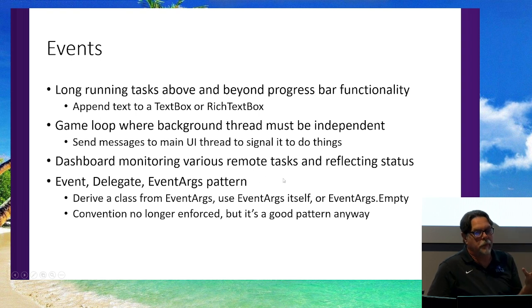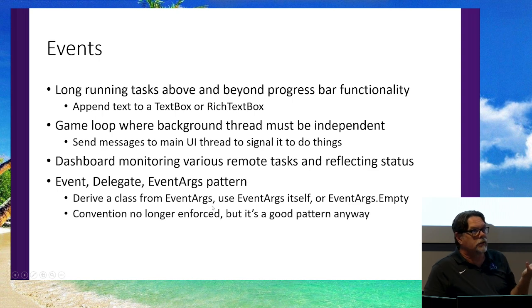Okay, so when we talk about our own custom events, we have these terms: an event, a delegate, and we have event args, the little object that gets passed to the event handler that has all the data that that event might need. We can derive a class from event args.